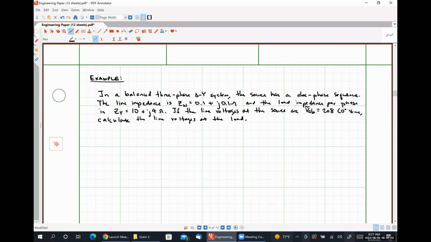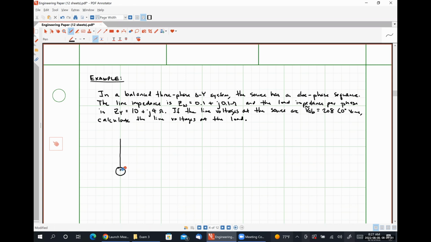So I'm going to draw our system. Since this is a delta-Y system, that means the source is a delta connected source and the load is a Y connected load. I'm going to start with my delta connected source over here.